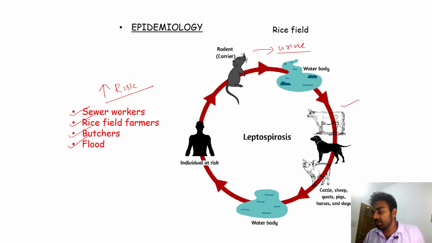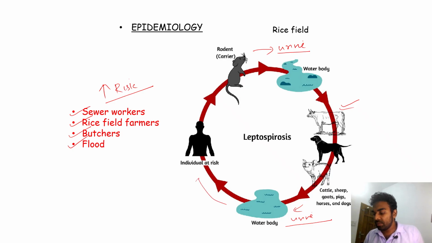Domestic animals may drink or bathe in these water bodies and get infected. These domestic animals or pets which live at our houses infect the water bodies that we commonly use, and they get contaminated.